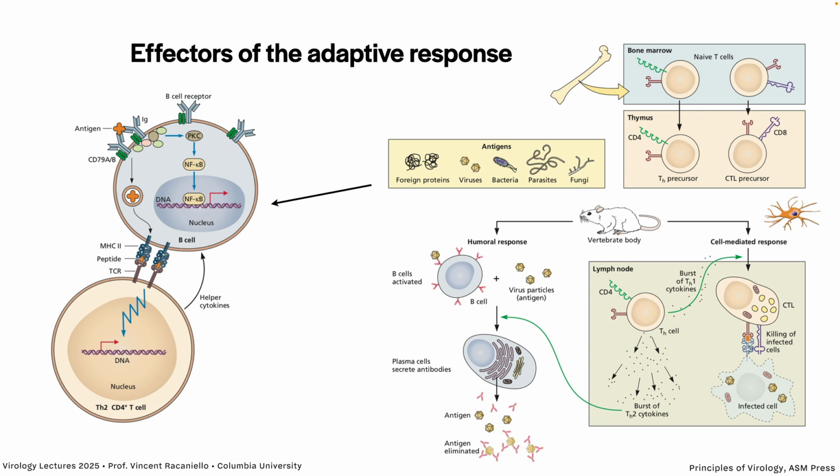The Th2 cytokines produced by these activated CD4s allow the production of antibodies. And so they help B cells mature into plasma cells, which secrete antibodies, and those antibodies attempt to eliminate the virus or whatever is infecting you.